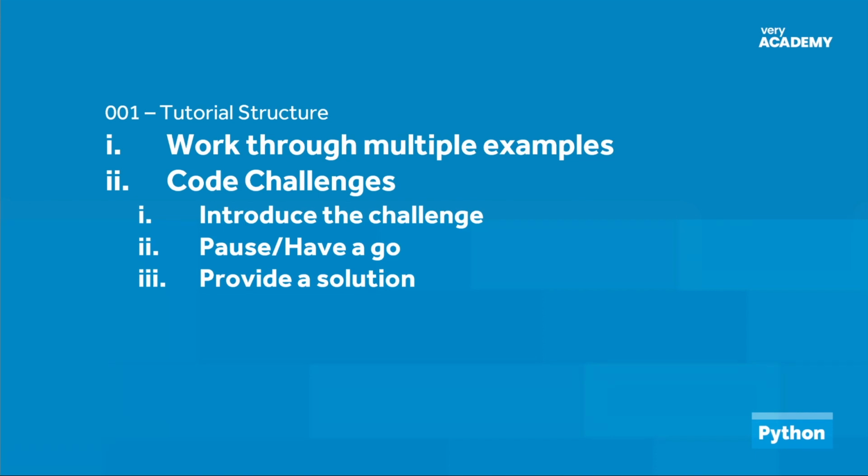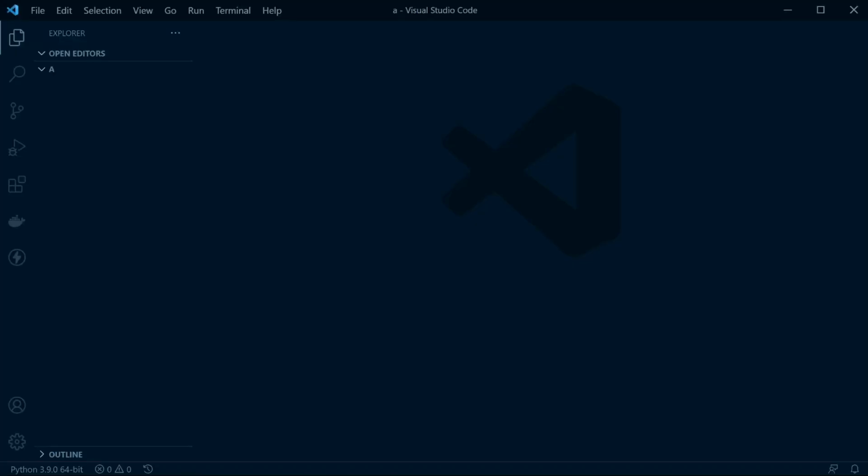At the end of each learning block, I will present some code challenges. First of all, I will introduce the challenge, and then you can pause and have a go. Once you are ready, I will then provide the solution. I've tried to build the code challenges to be progressive, so as we move through the course, the challenges will get harder. Let's start off then in Visual Studio Code.